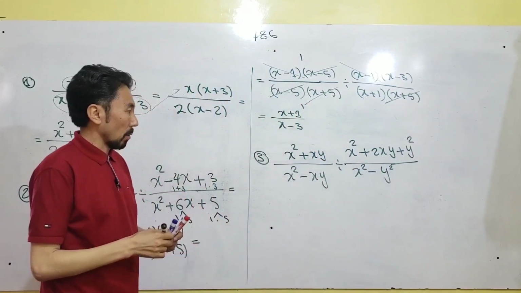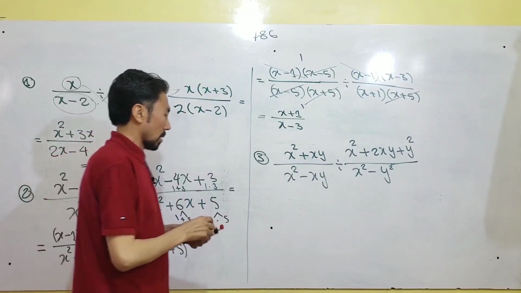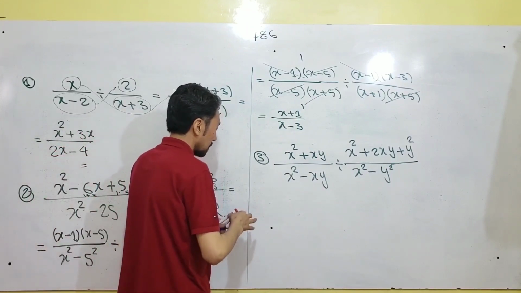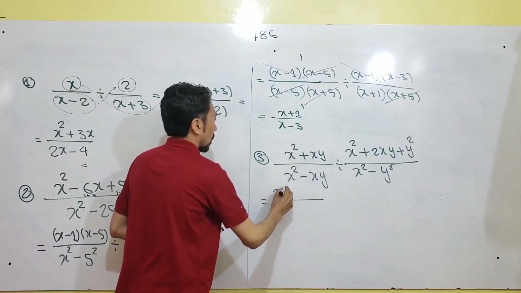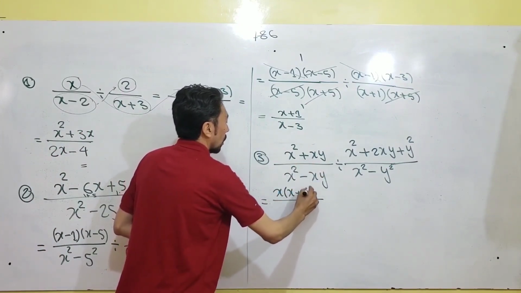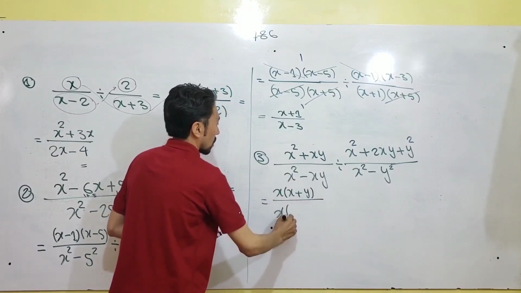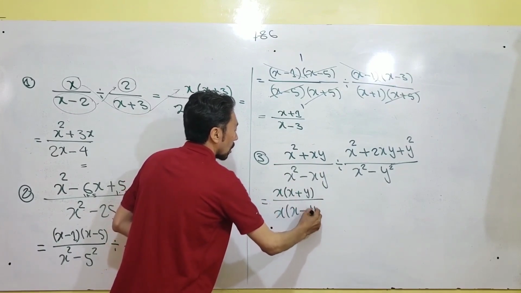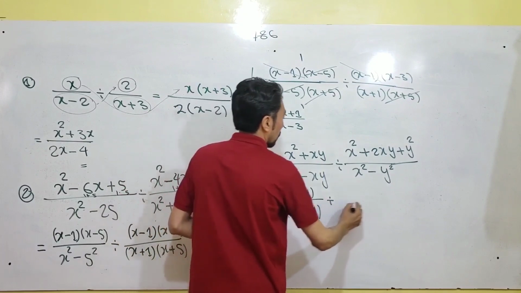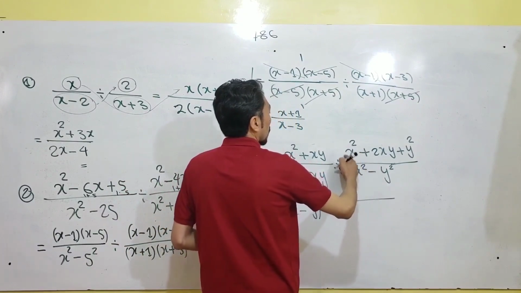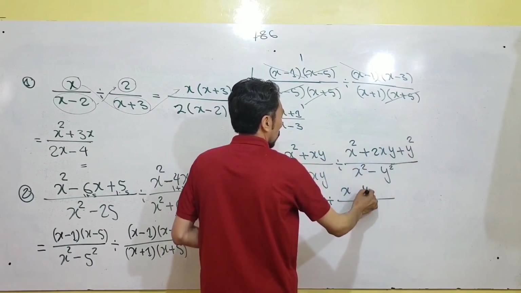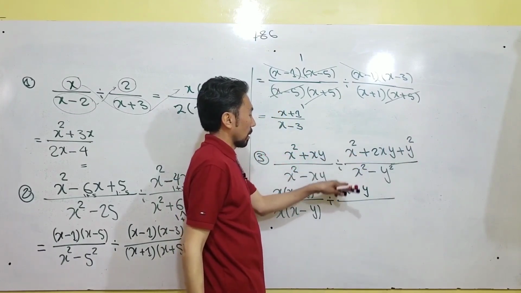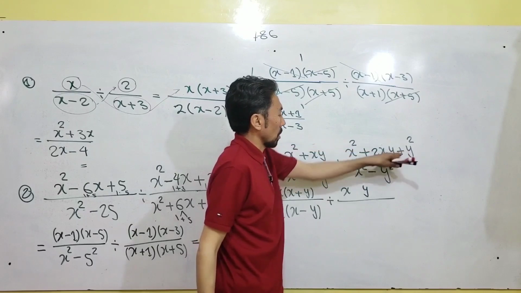Here also, first of all, we factorize everyone. For example, here we bring out x and remain x plus y. Here we bring out x, remain x minus y, divided by, we take the square root from this and we take the square root from this. x squared becomes x and y squared becomes y.